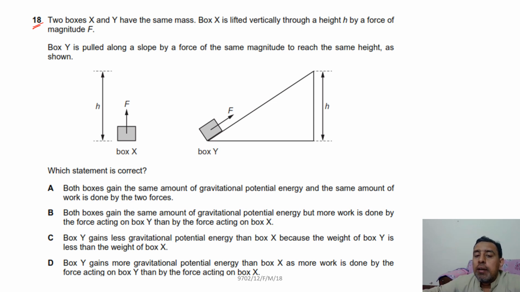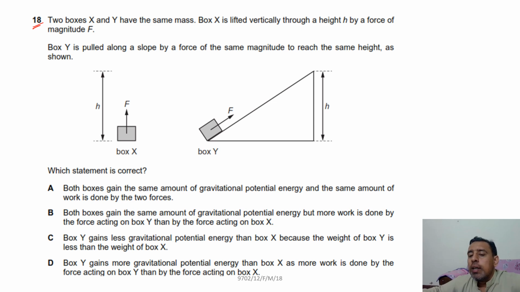Both boxes gain the same amount of gravitational potential energy and the same amount of work is done by the two forces. This is correct if the situation is ideal and the work done is equal to the gravitational potential energy. But in B, both boxes gain the same amount of gravitational potential energy. Yes, right, because same height.